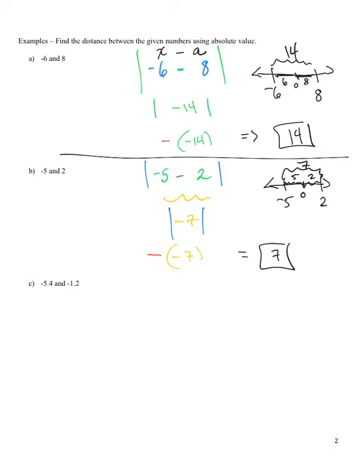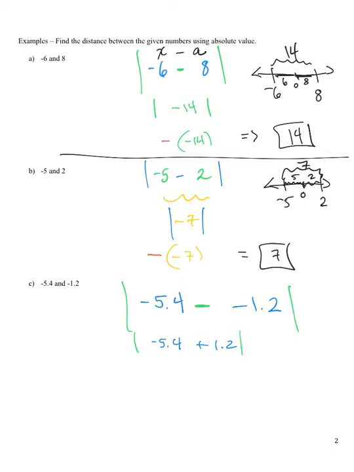Now, let's make it a little bit more interesting. Let's introduce some decimals. So I have negative 5.4, the distance between that and negative 1.2. Distance, again, is the difference between those two, the absolute value. So that minus a minus becomes a plus. So I really have negative 5.4 plus 1.2 in the absolute value.